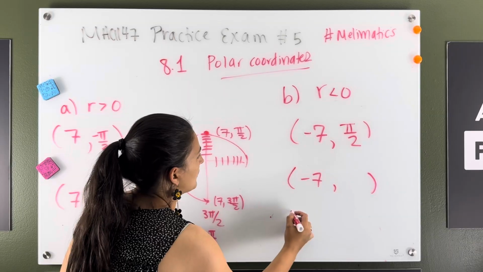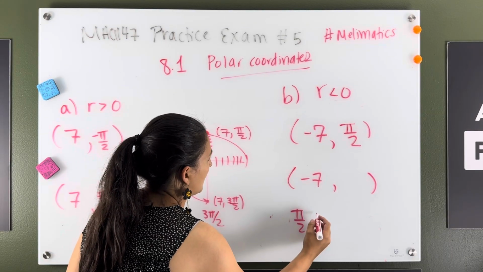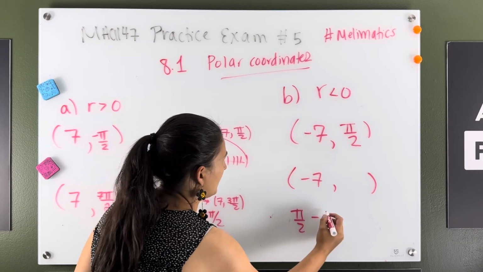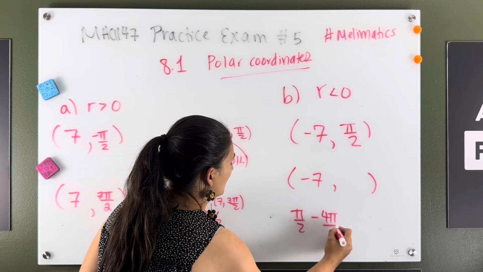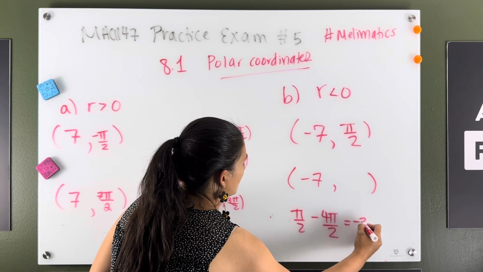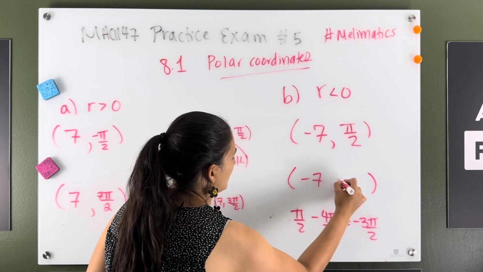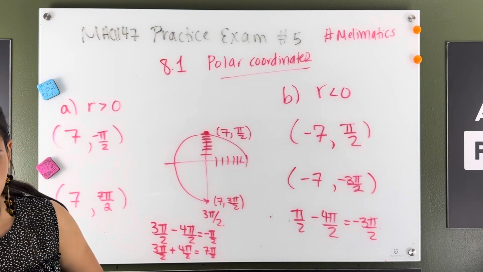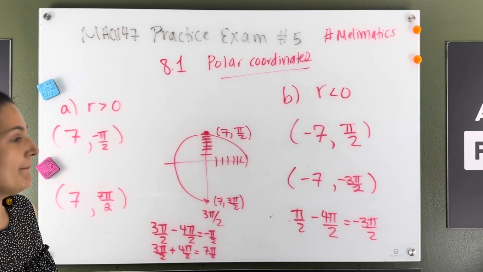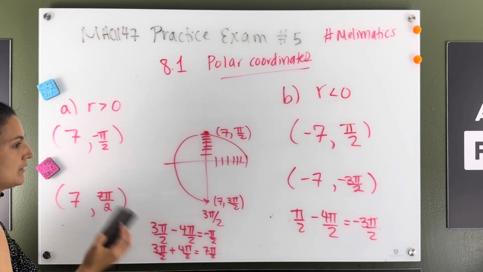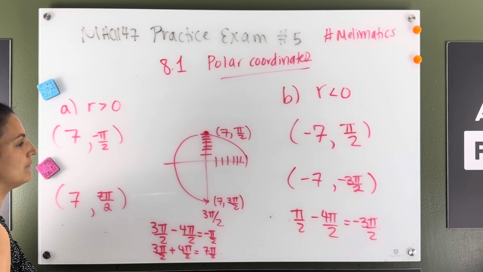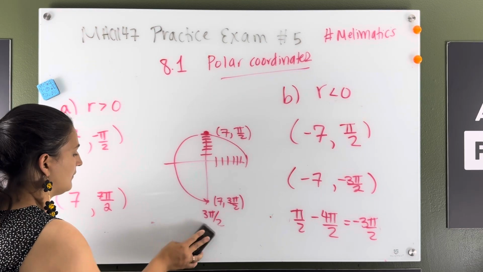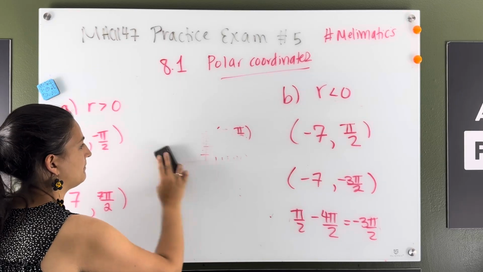So coterminal angle to pi over 2, let's go ahead and subtract 2 pi, which is -3 pi over 2. Okay, so those are our two. Again, there's more choices. You could have also added 2 pi and gotten a different angle as well.